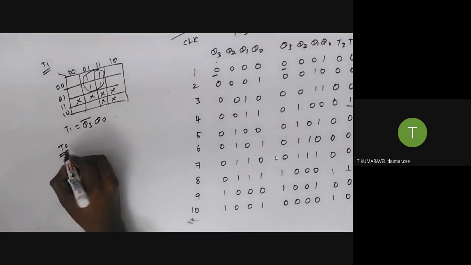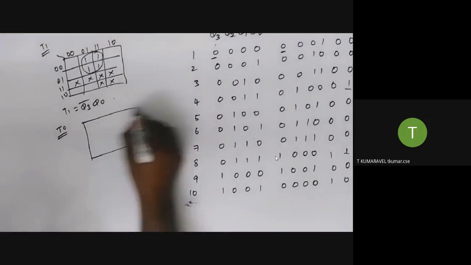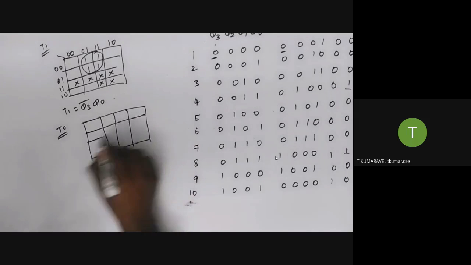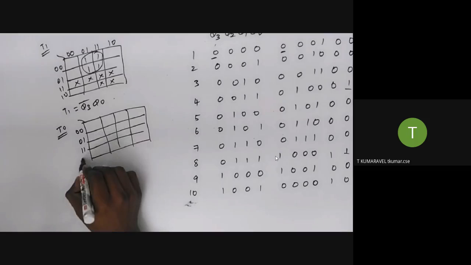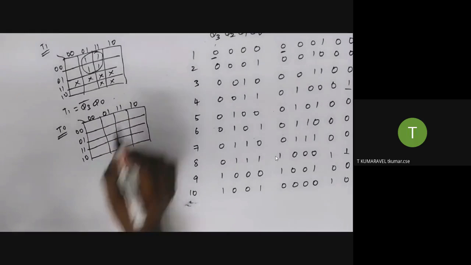Similarly for T0, what are the places where the output value equals 1? You take the respective input values: 0, 1, 1, 1, 1, 0, 0, 0, 0, 1, 1, 1, 1, 0.